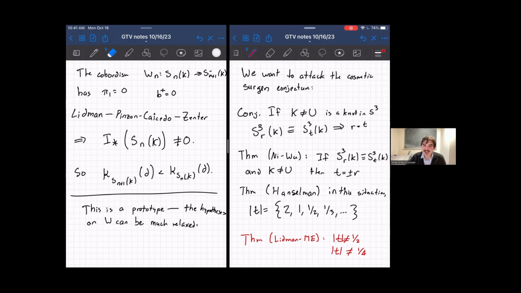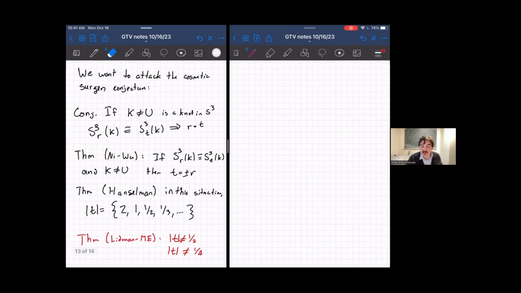And as far as I can tell, without some serious modifications, this argument is not going to cut it to get to any of these other cases. I would love it if someone had any idea for extending this. As for 1/4, you get there from a cabling trick using 1/2 surgery on the 2-1 cable of a knot.